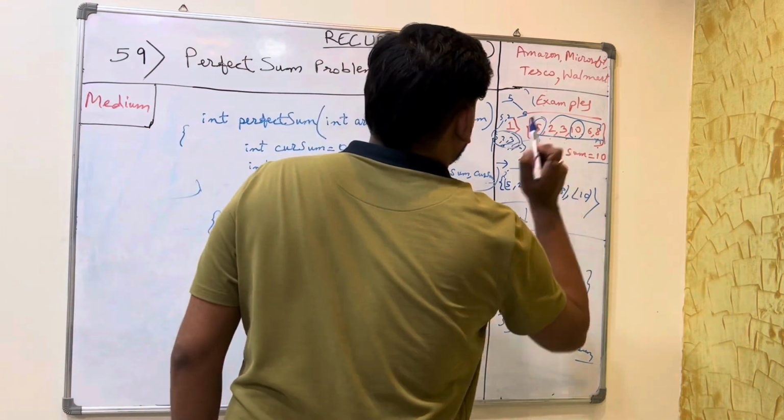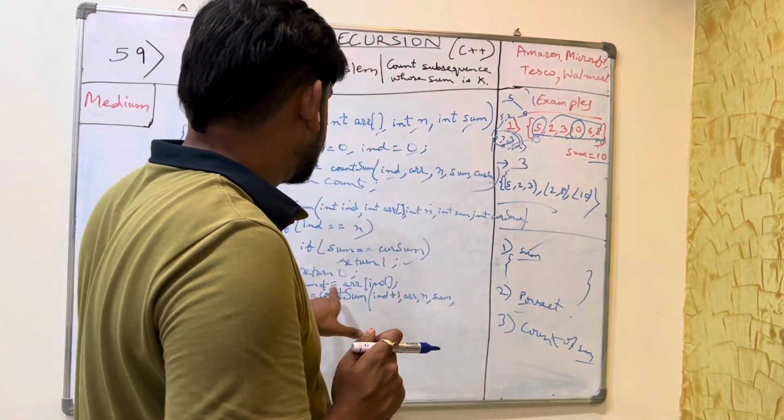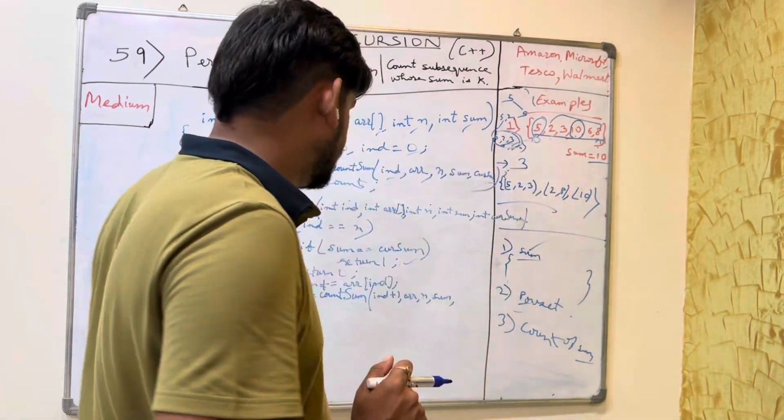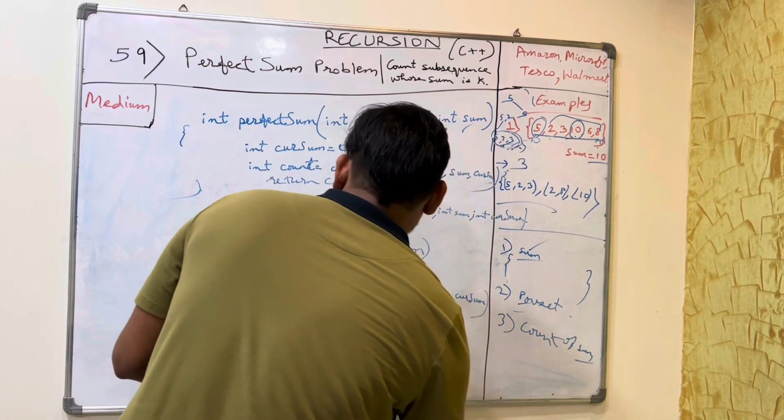So this 5 will be included. Initially the current sum would be 0, but we have increased the current sum to 5. That means we have picked the 0th element and we pass this current sum.